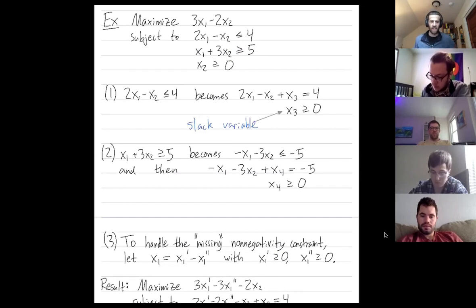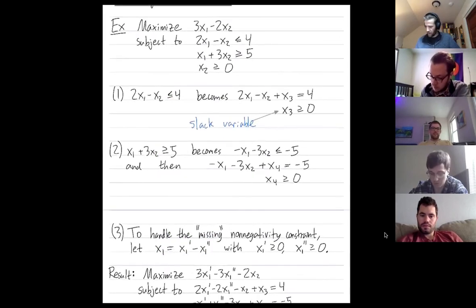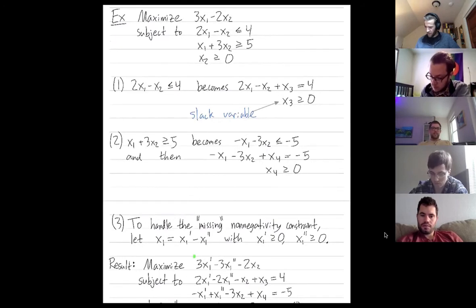Okay, so everywhere x1 appears up here, we're going to replace x1 with x1 prime minus x1 double prime. We're going to substitute this in everywhere we can. So 3x1 becomes 3x1 prime minus 3x1 double prime. This 2x1 becomes 2x1 prime minus 2x1 double prime.